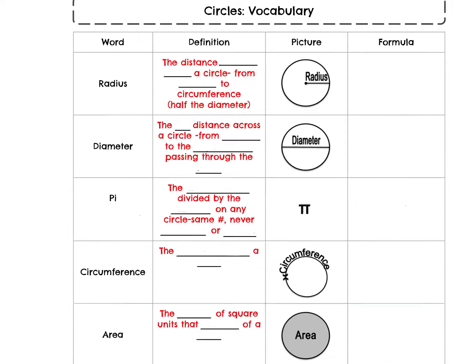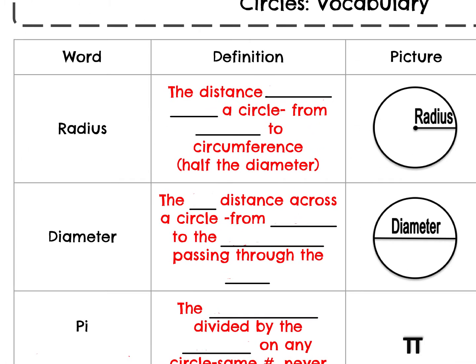So let's take a look at radius. The radius is the distance halfway across a circle, from the center to the circumference.